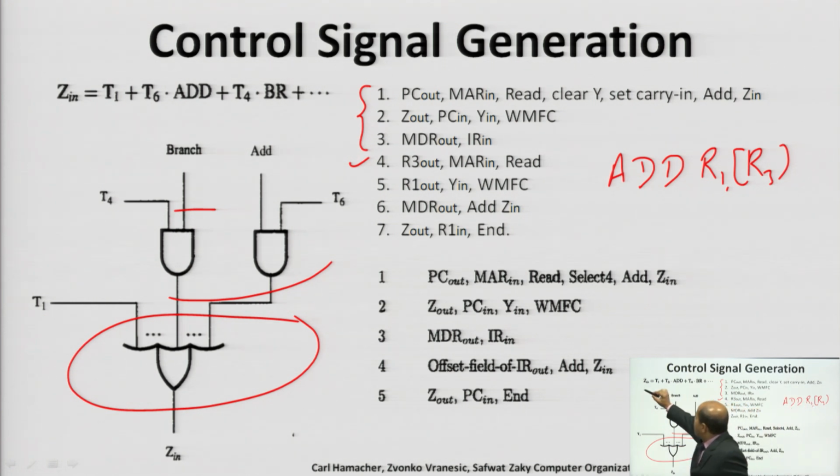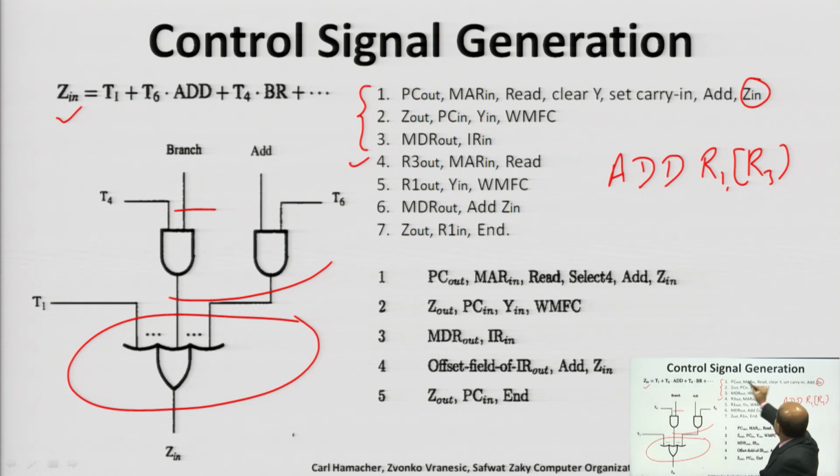So, let us take an example of Zin. Zin is issued in the first step, or in the first clock cycle, that is why T1 is written here, and this Zin is also issued in the sixth step with the add command.